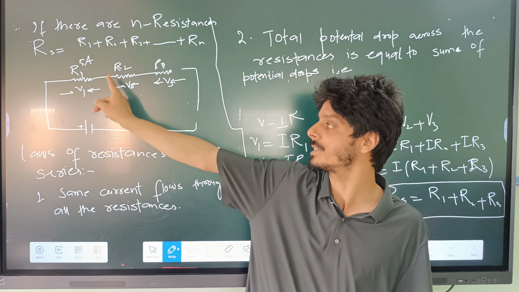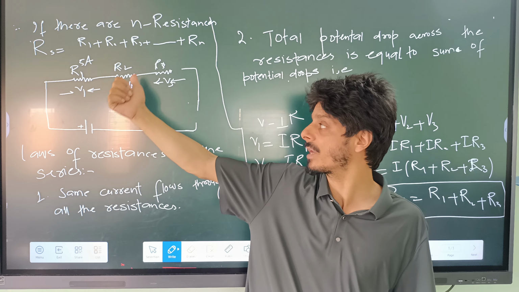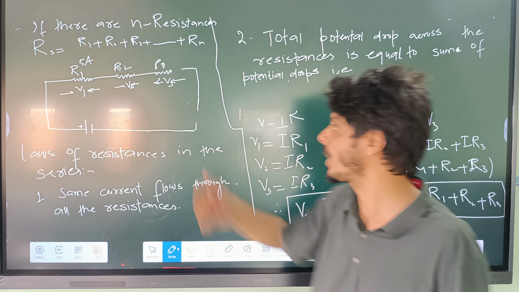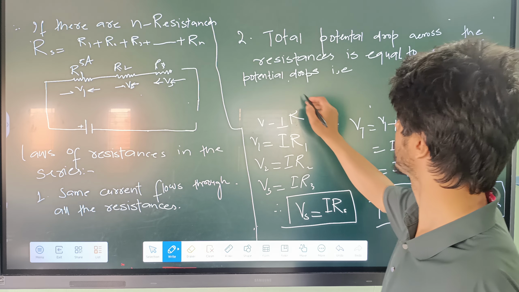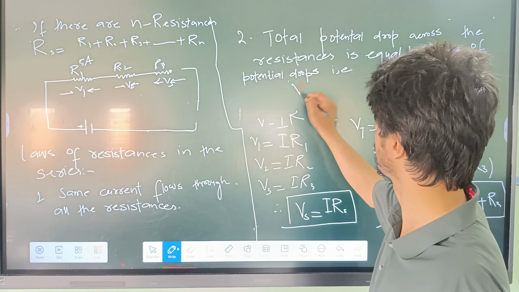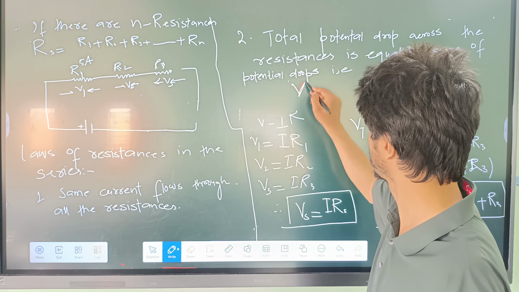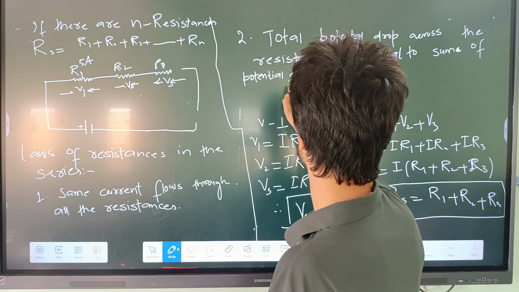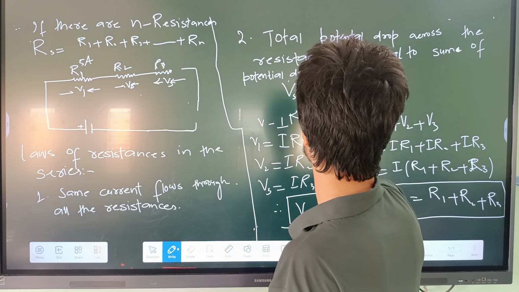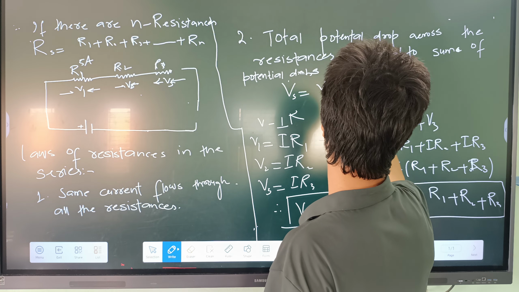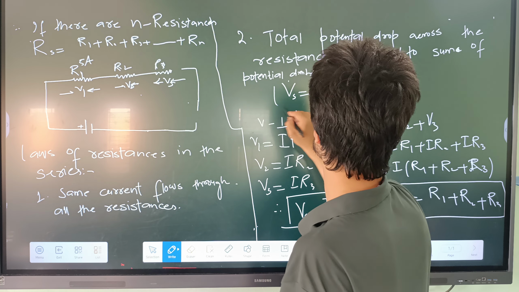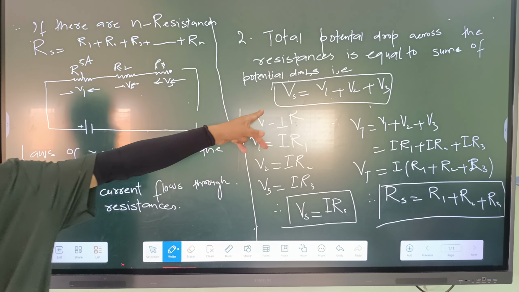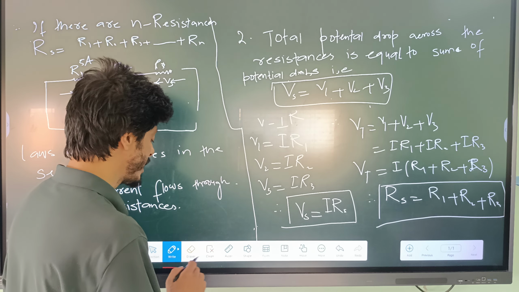If the potential drop across R1 is V1, across the second resistance is V2, and across the third resistance is V3, then the total potential drop Vs is equal to V1 plus V2 plus V3. This is the total potential drop in a series connection.